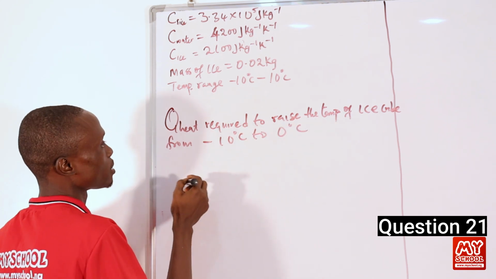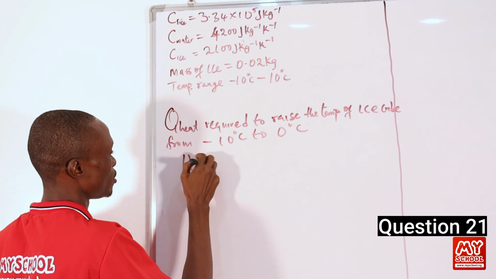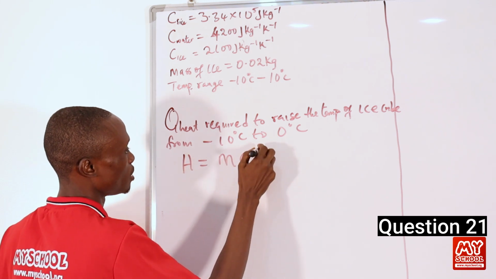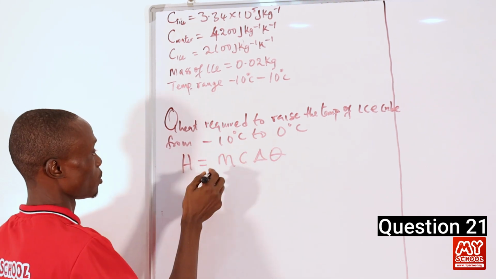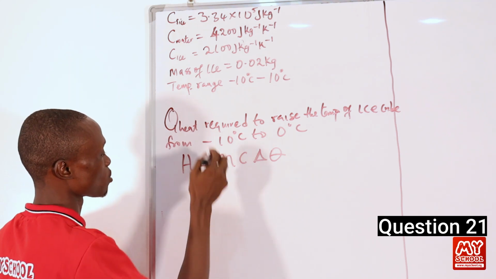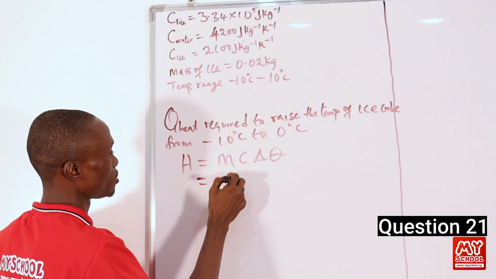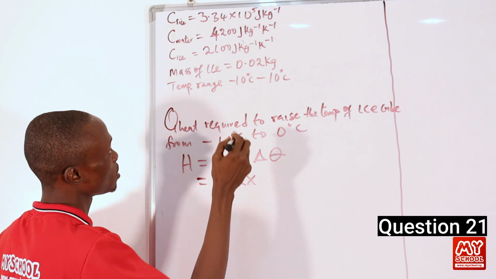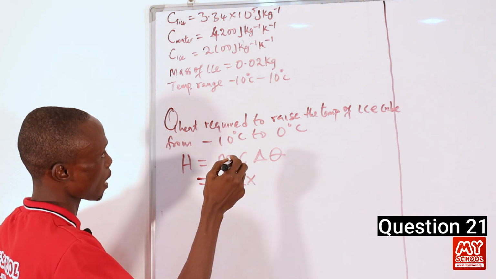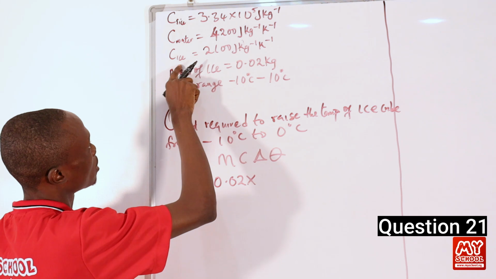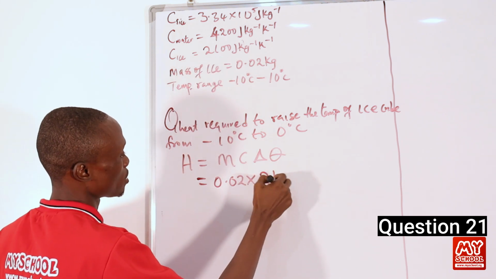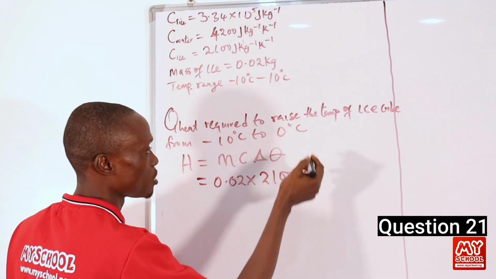We know that heat is equal to H = mc times change in temperature. So let's put in our values. Mass of the ice cube is 0.02 times specific heat capacity of ice, which is given to us as 2,100, times change in temperature.